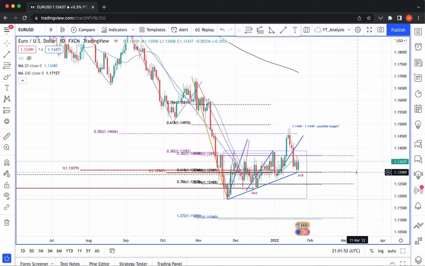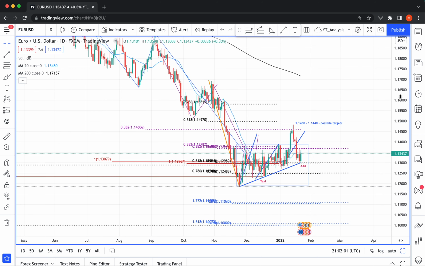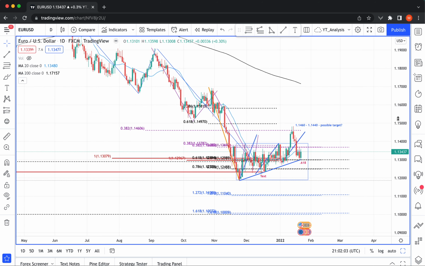So if price begins to move lower and breaks this 1.13 level, roughly, then we are looking at a possible target for this to reach around 1.10. Let me draw in the ABCD pattern.